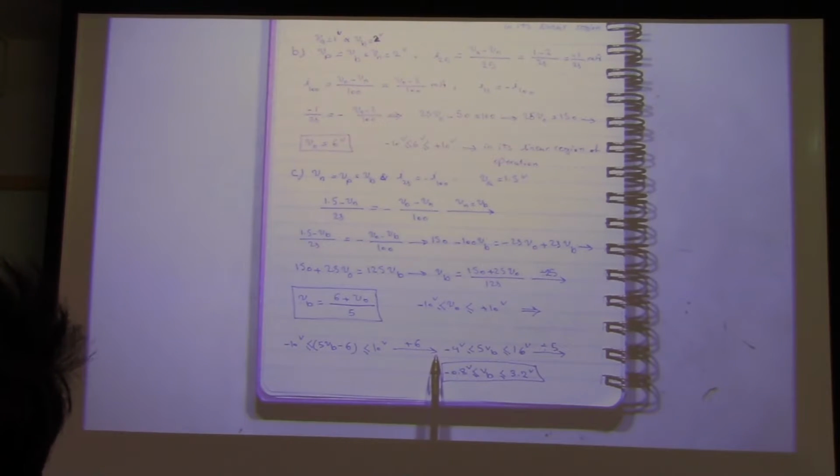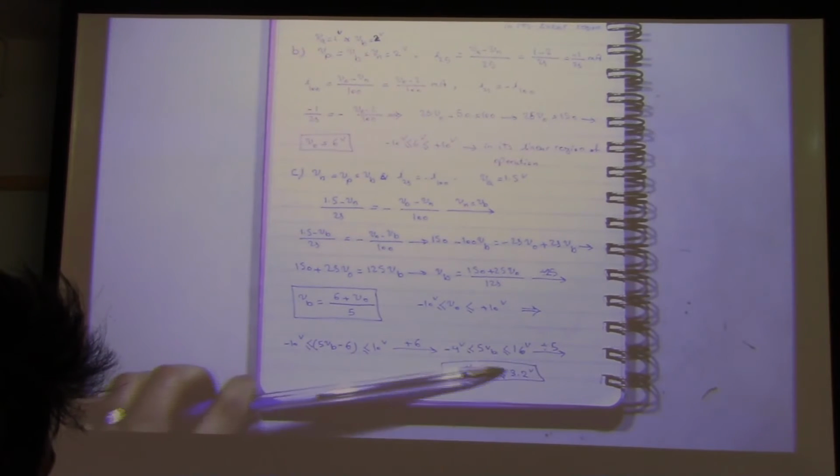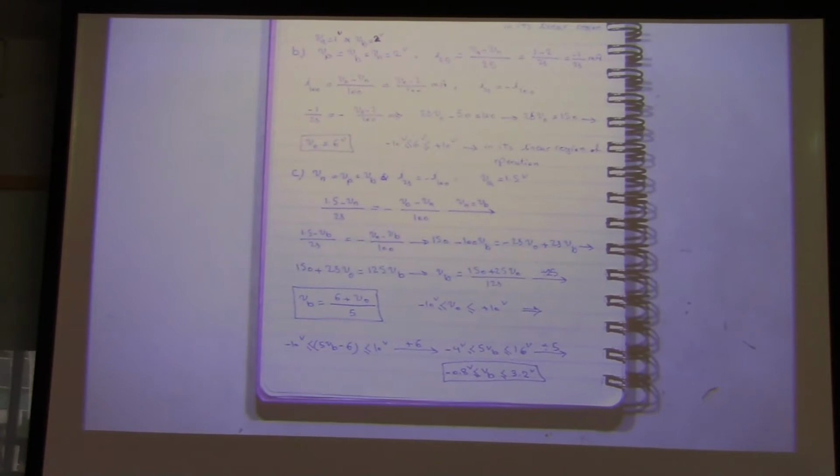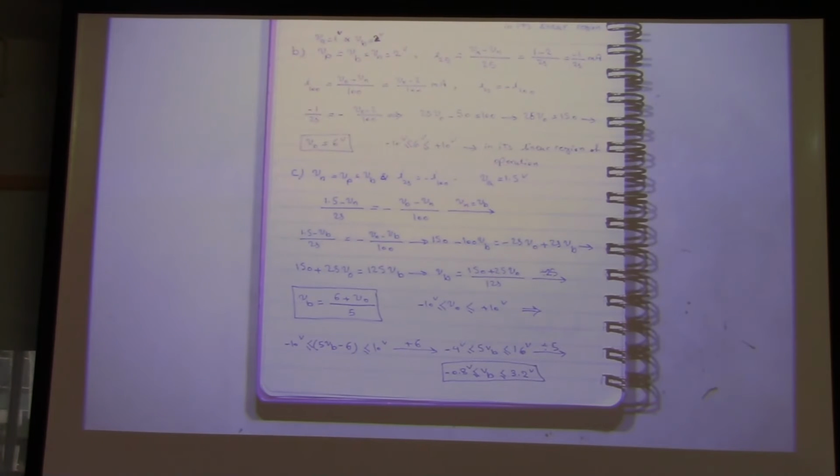So I get minus 4 less than 5Vb less than 16. And I just divide it by 5. I get the range for Vb. If the value of Vb is in this range, then we can make sure that if VA is 1.5 volts, we are safe.